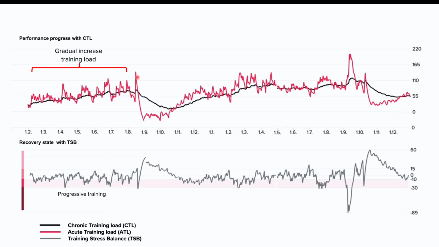And when you look at the end of this season, there's an Ironman Finland race, a much bigger load there, but not a huge preparation for that race.